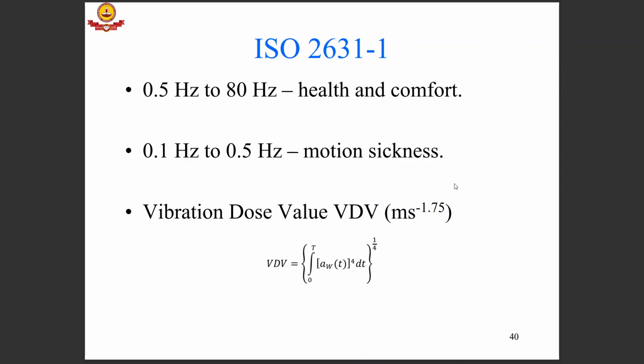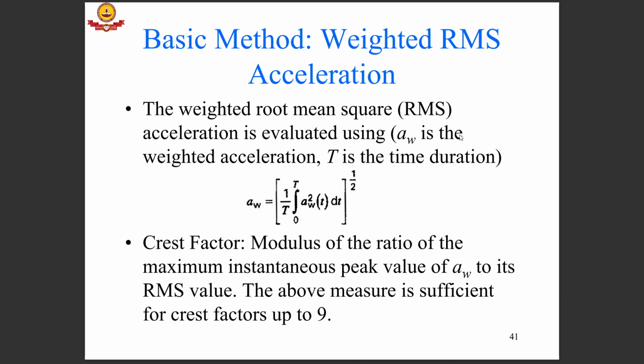The frequency of 0.5 hertz to 80 hertz corresponds to health and comfort. 0.1 to 0.5 hertz may result in motion sickness, and what we are interested in is vibration dose value, which is computed this way: integral of AW to the power 4 dt, to the power 1 over 4, so the fourth root of this, where AW is the weighted acceleration considering time duration t. This is how we can calculate that.